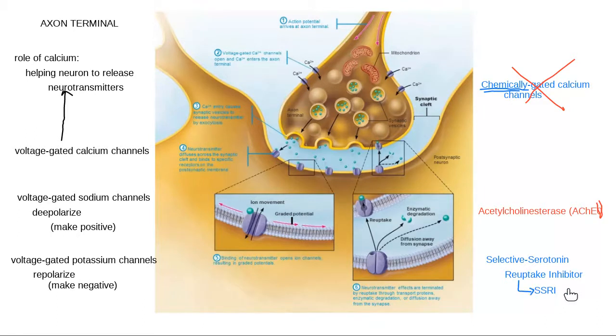SSRIs, or selective serotonin reuptake inhibitors, this is a kind of antidepressant. Can we predict from its name how an SSRI might work? What do you think it might do?